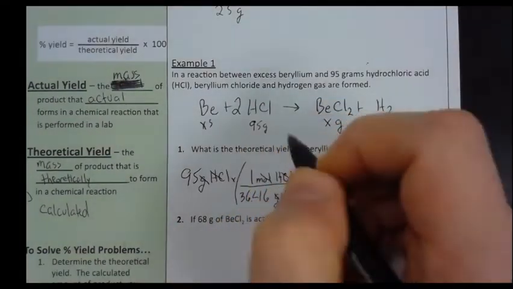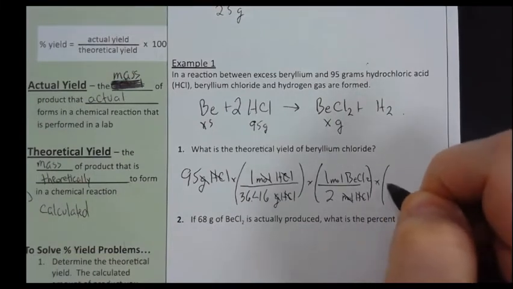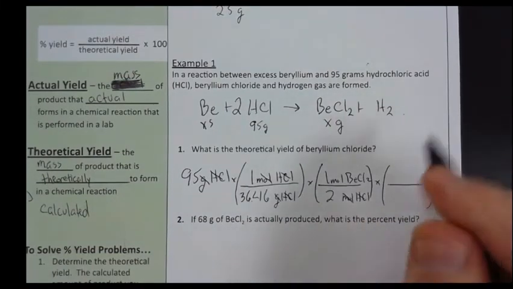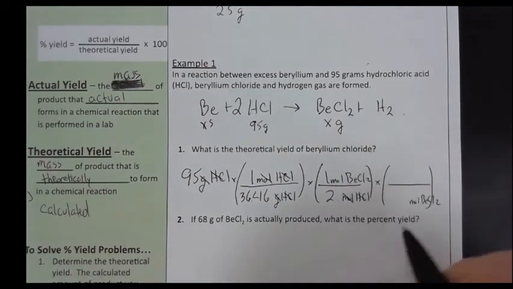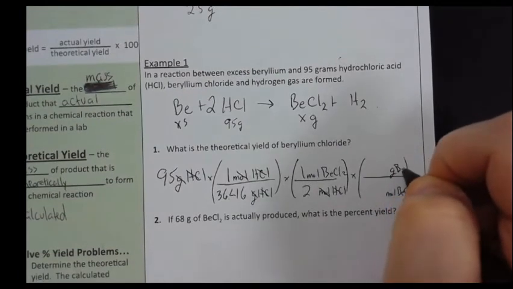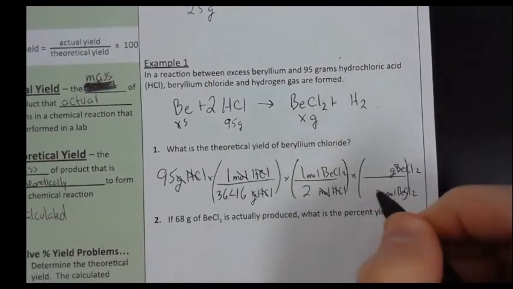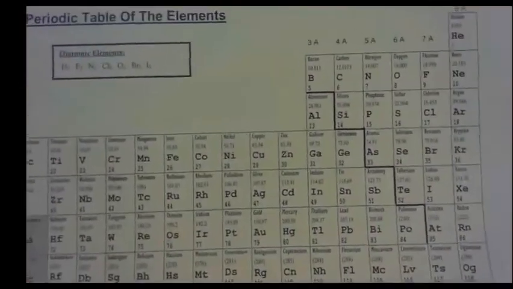And then again, we're trying to find a theoretical yield, so we want to convert to grams. So we need a 3-step conversion. And our last step is going to be to cancel moles of BeCl2 by converting that into grams of BeCl2. So for every 1 mole, in order to go to grams, again, we need to use the periodic table.